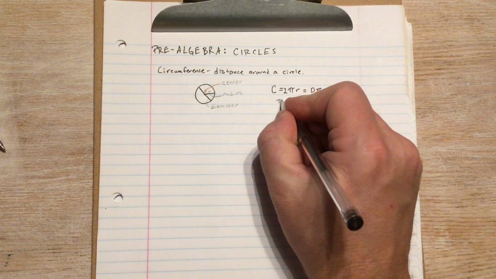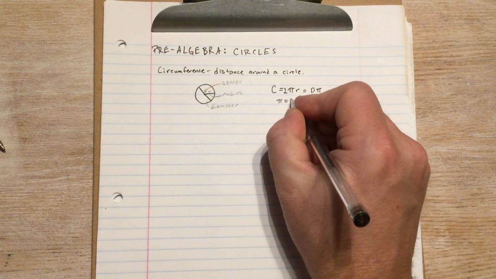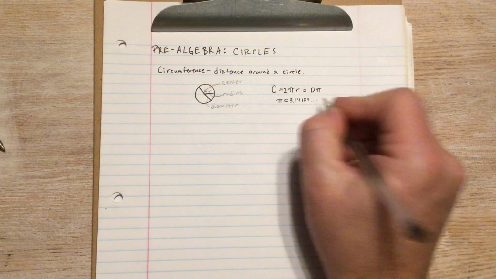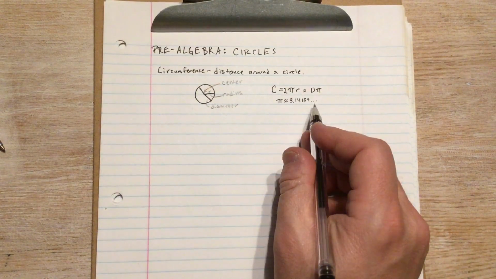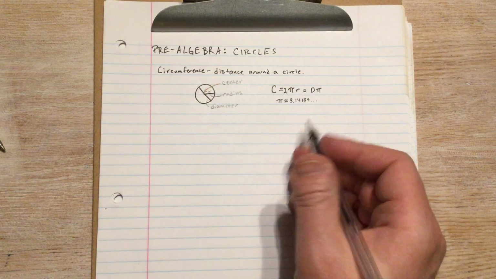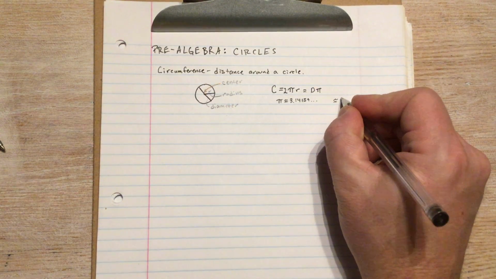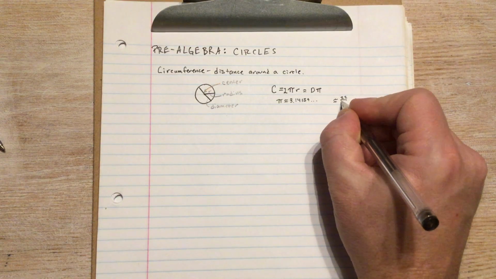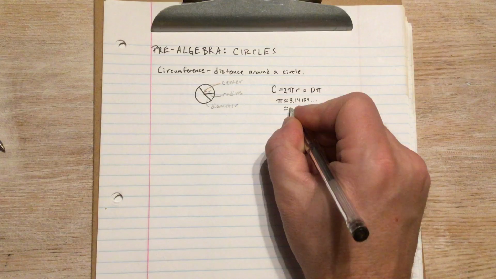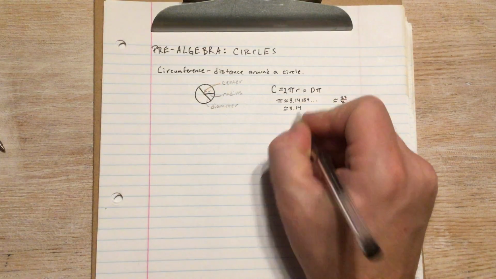See, pi is approximately 3.14159, and it goes on from there. This is an irrational number. We can't write it as a fraction, but it's approximately equal to 22 over 7. But more often than not, we just approximate it to be 3.14.